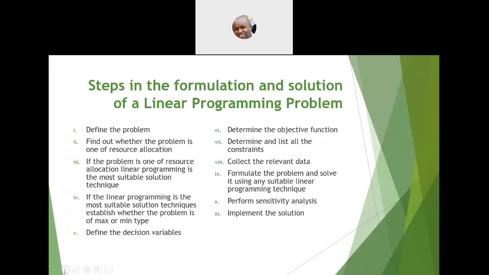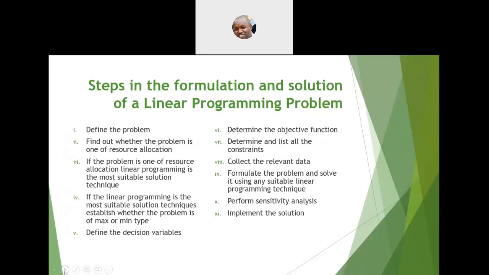All right. Then, are we dealing with resource allocation? If that is the case, then you are better suited to use a linear programming problem, which is better suited for maximization or minimization variables. Then you'd have to define the decision variables. What are your constraints?